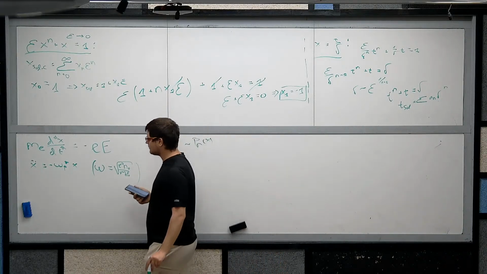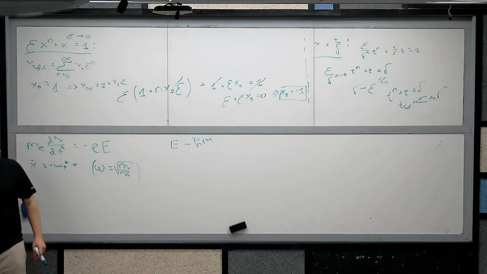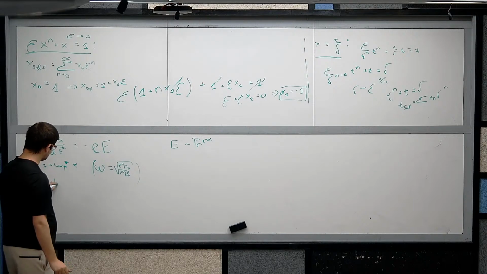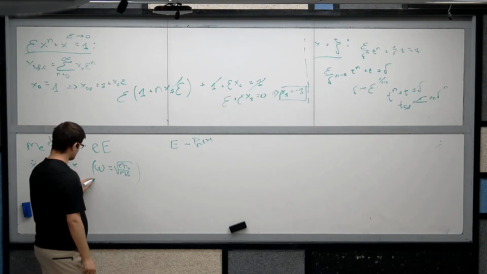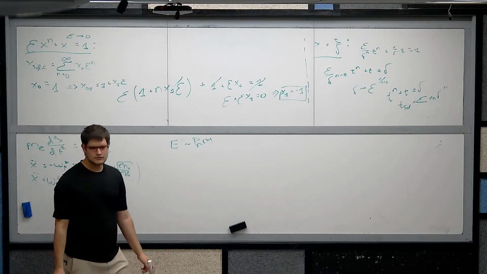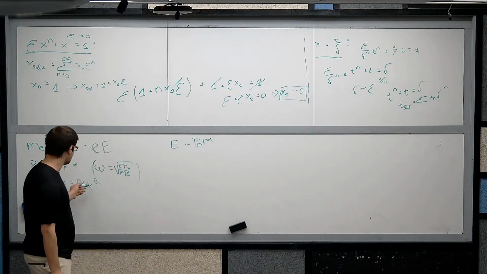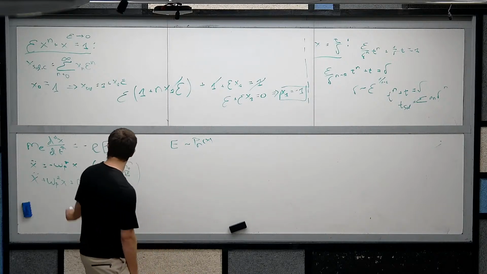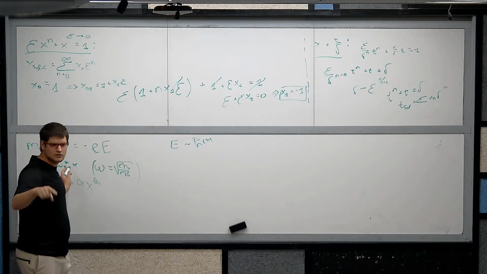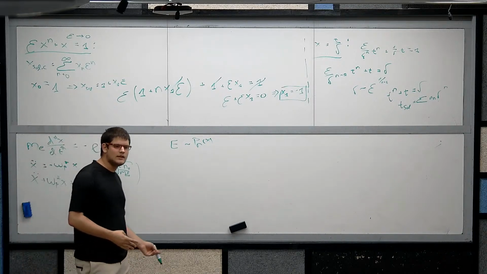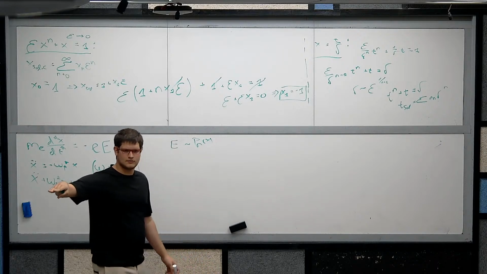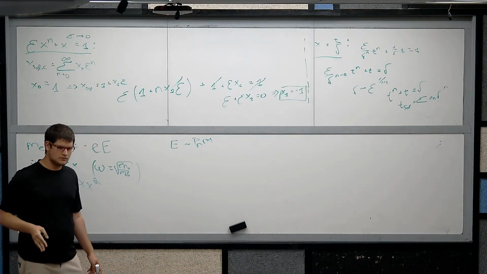But what we will do is generalize it and write x double dot plus omega_p squared x plus alpha x squared. Generally it can vary with the place, because here we set the amplitude to be constant, but the amplitude doesn't have to be constant. It can also vary with the place it is, right?